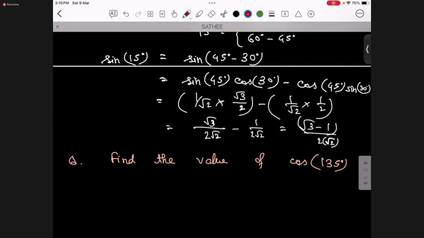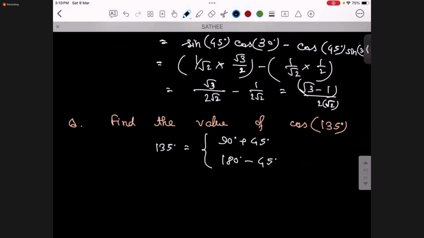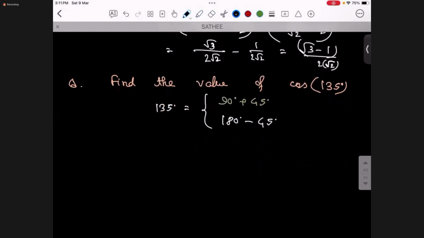So one can write 90 degree plus 45 degree or 180 degree minus 45 degree. Okay. Now just use this here. You can use the other one and try to get the answer, but here just use this expression and we will proceed.